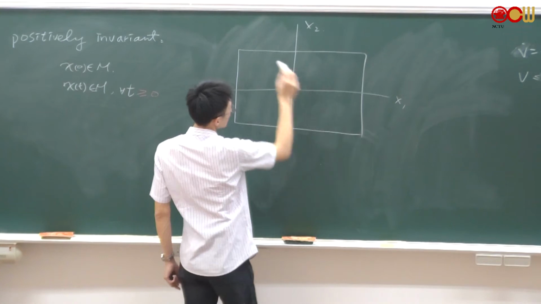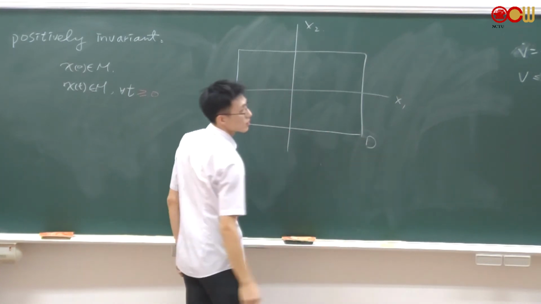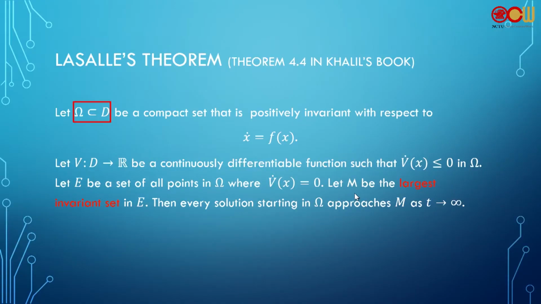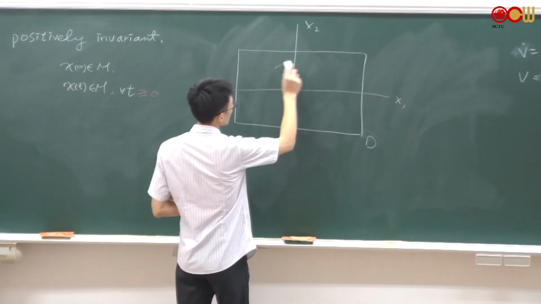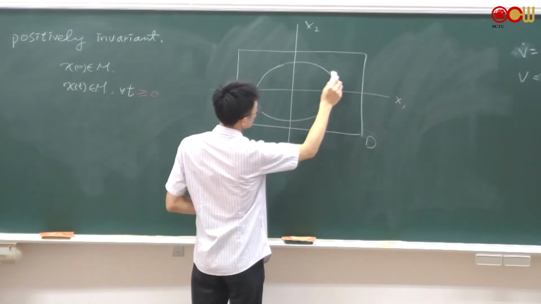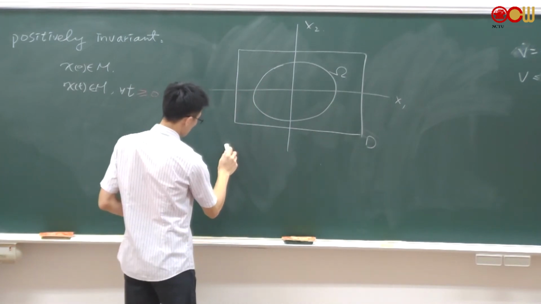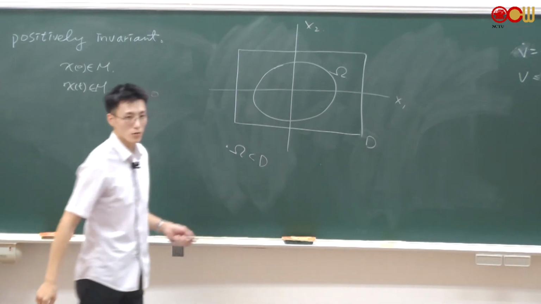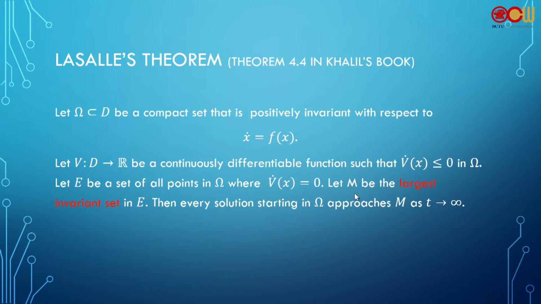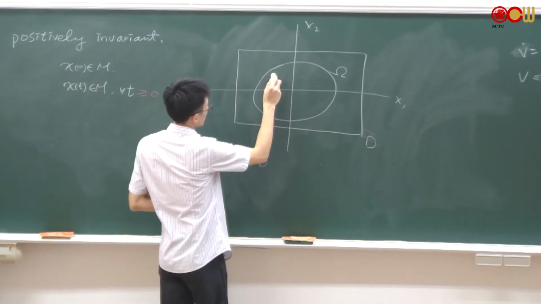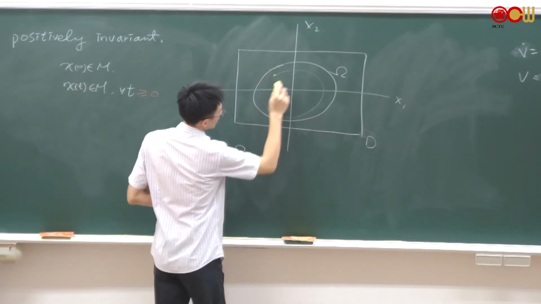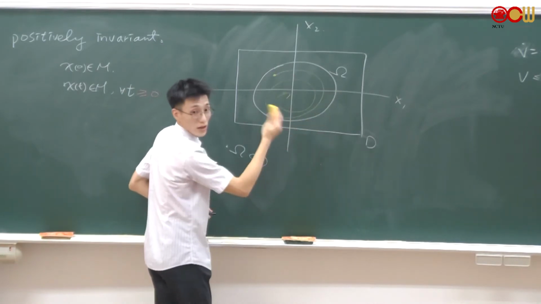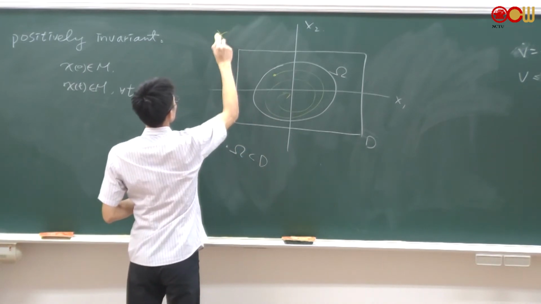We say this is D, and omega belongs to D. Omega might be somewhere here. Omega is inside D, and it's a compact set that is positively invariant with respect to this dynamics. It means that for a given initial condition here, the trajectory will always stay inside this area, never leave it, based on the dynamics of this.